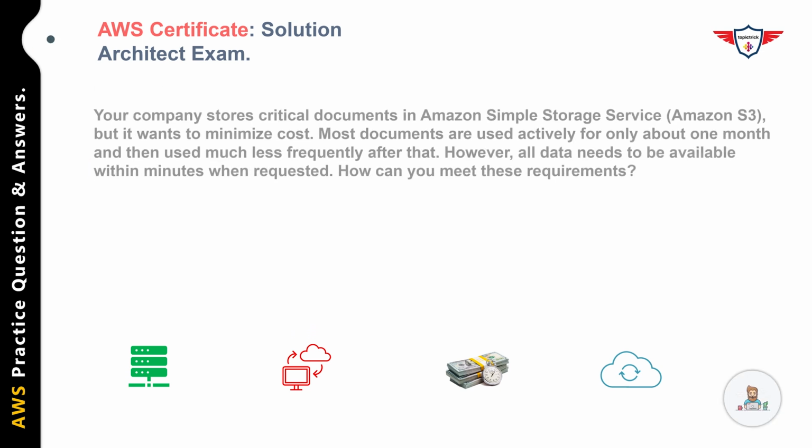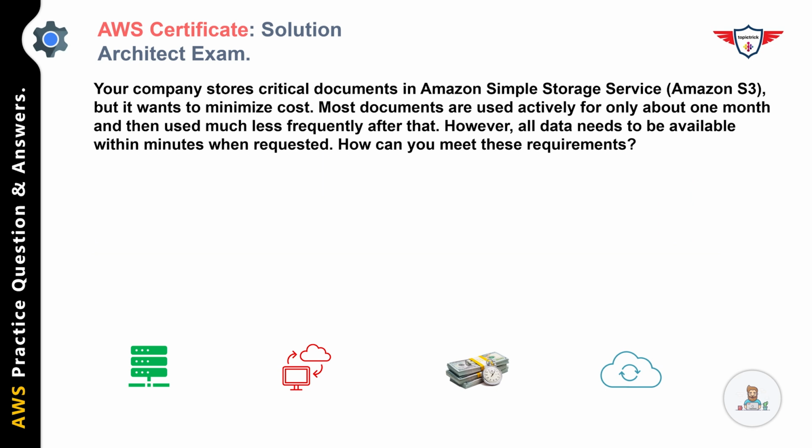Your company stores critical documents in Amazon S3, that is Amazon Simple Storage Service, but it wants to minimize the cost. Most documents are used actively for about 1 month, and after that they are used less frequently. However, all data needs to be available within minutes when requested. How can you meet these requirements?